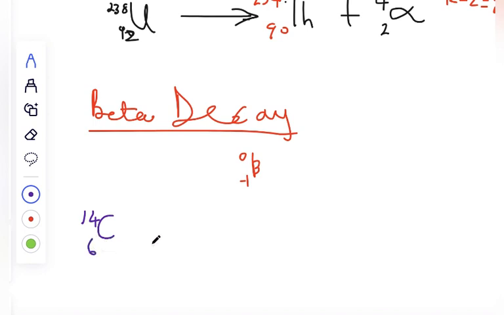So when it disintegrates, it produces a daughter nucleus and a beta radiation. Sorry, I said alpha. We wrote beta, but I was mentioning alpha.